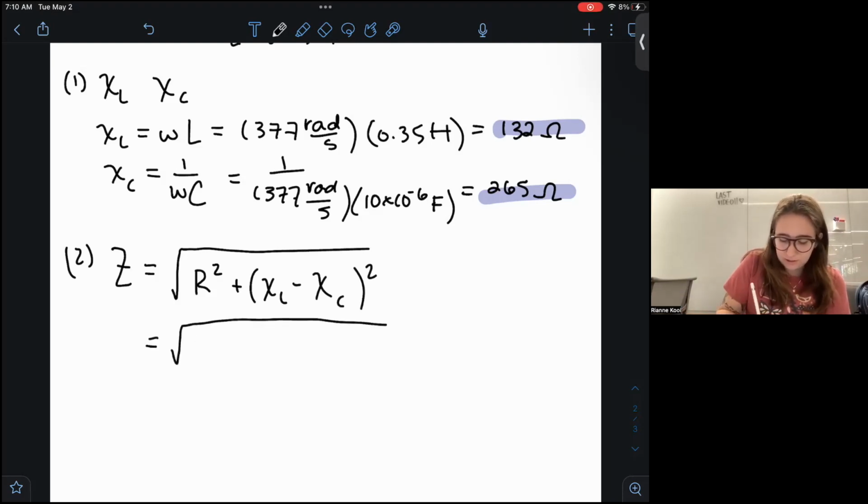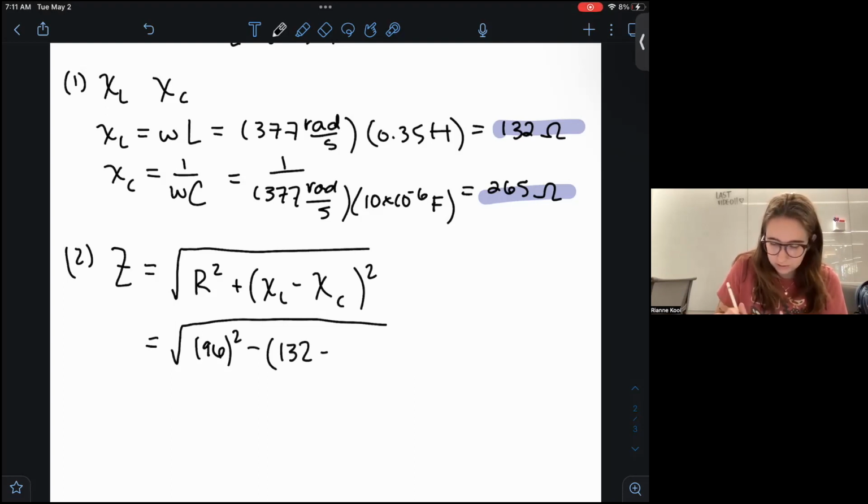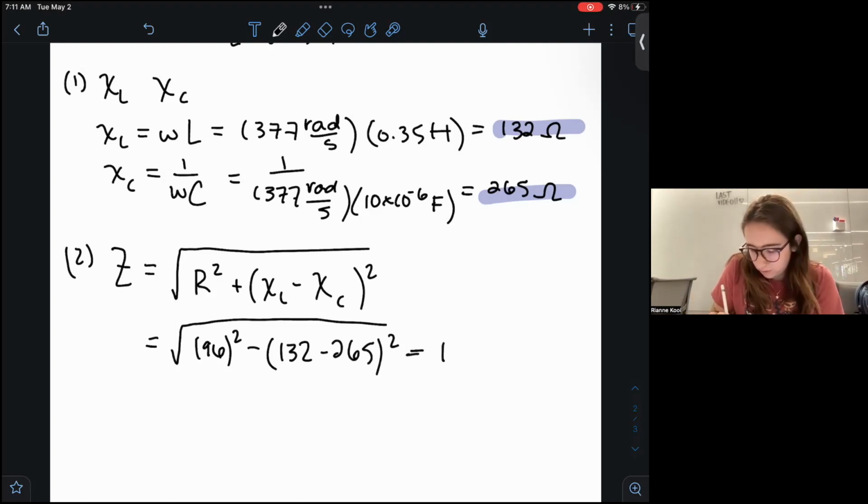Again, like I said, this is just plugging and chugging when you're doing these problems. So we have 96 squared plus 132 minus 265 squared, which equals approximately 164 ohms.